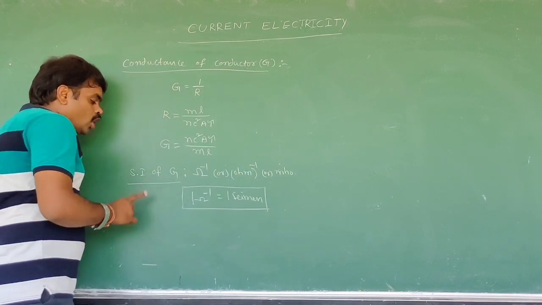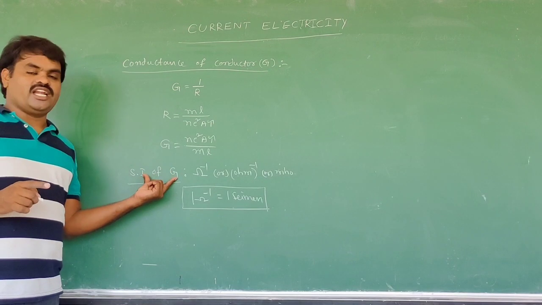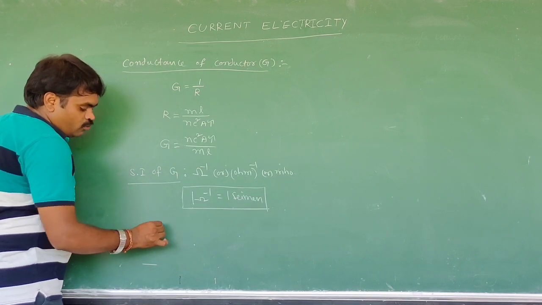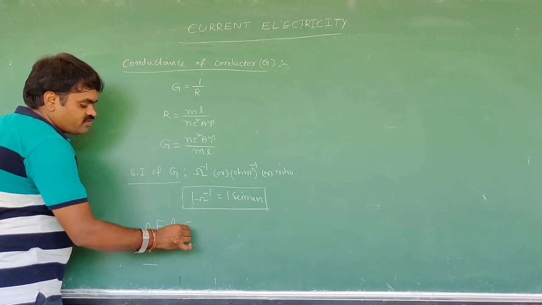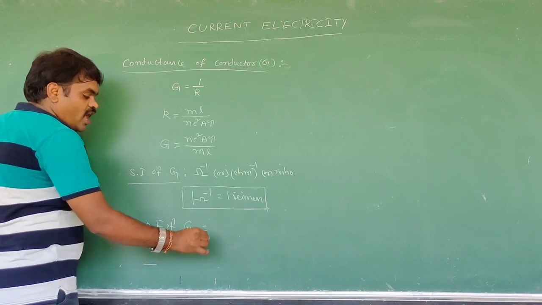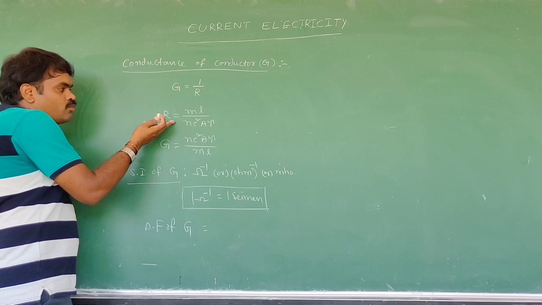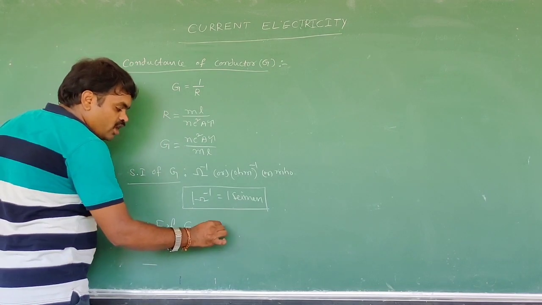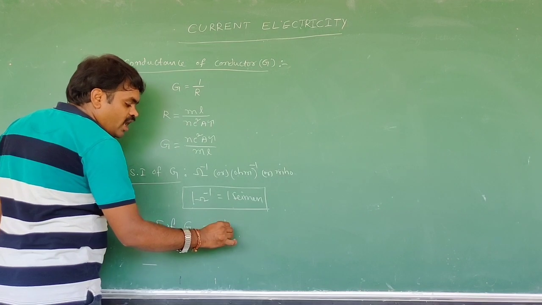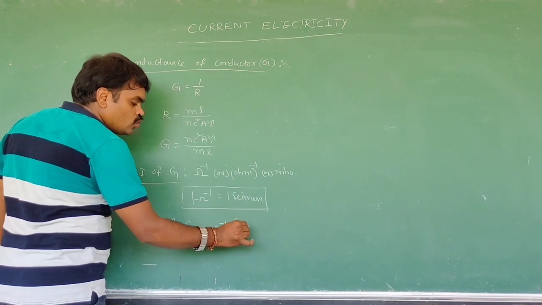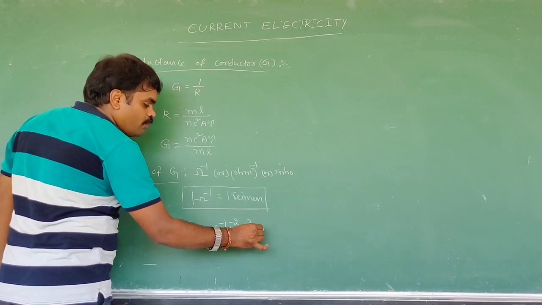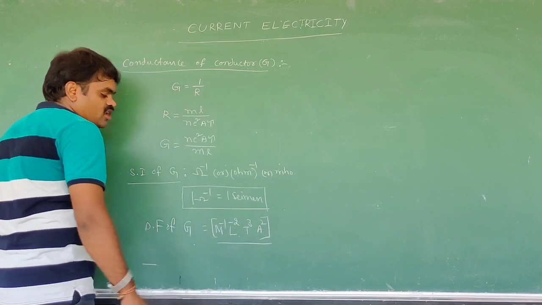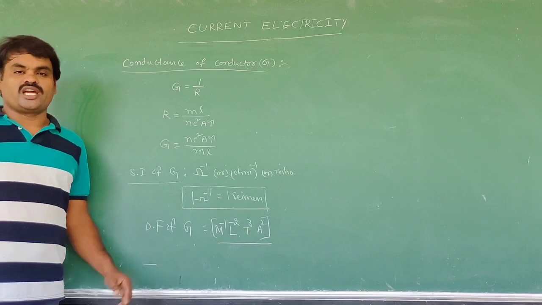Siemens is the unit of conductance. Now the dimensional formula of G is the dimensional formula of resistance inverse, that is M^-1 L^-2 T^3 A^2. This is the dimensional formula of conductance.